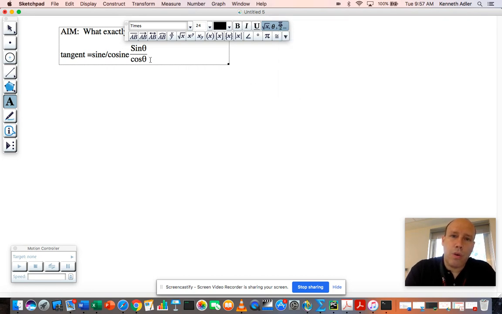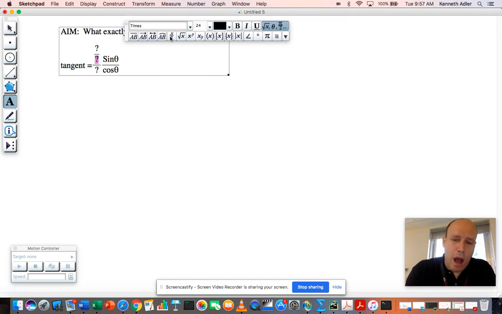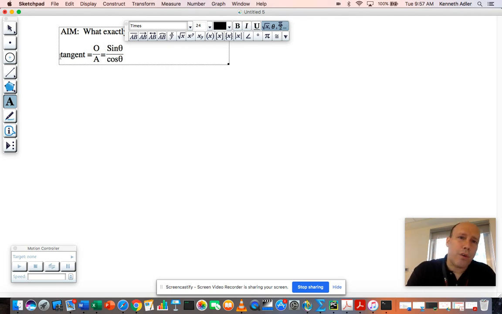So that's what you know tangent as. Maybe for sine and cosine, you learned it as opposite over adjacent, and then it became sine over cosine. That was the first definition.